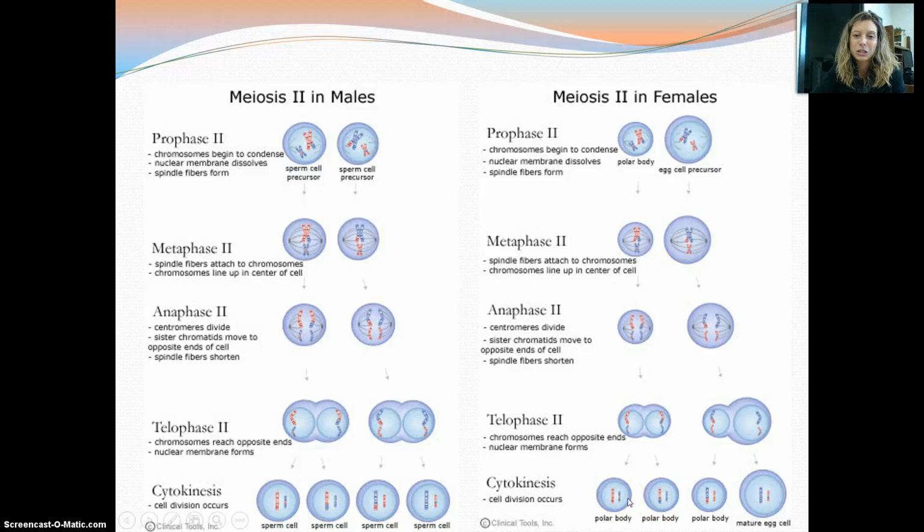They don't actually mature into eggs. Only 1 actually matures into an egg. And we know that this even happens during the development in the womb. We're not doing this throughout our whole life, unlike males who produce sperm throughout their entire lives. So from 1 meiosis, we produce 4 cells in females, but actually only 1 matures into an egg. Just a little interesting fact there.